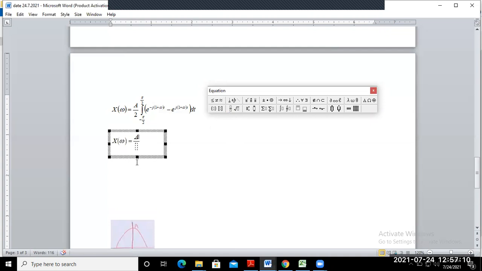So we have A by 2 times e to the power minus j 1 plus omega t divided by minus j into 1 plus omega.